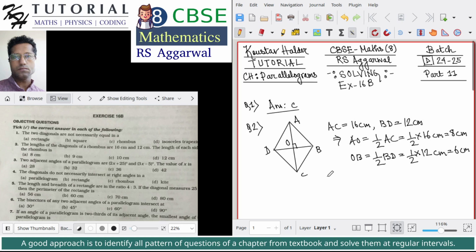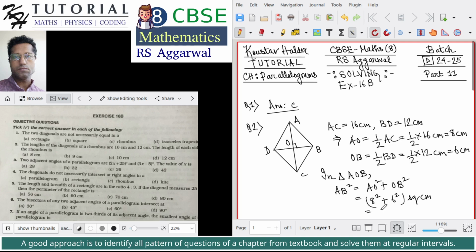Okay. Now in the right angle triangle AOB, since the angle AOB is 90 degree, because the diagonals are bisecting each other at right angles, applying Pythagoras theorem, we will have AB square is equal to AO square plus OB square. Now what is AO square? This is 8 square plus 6 square centimeter square.